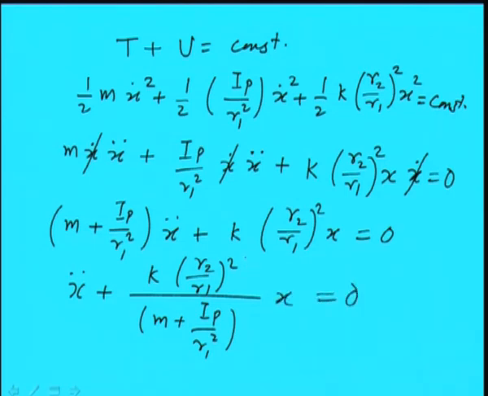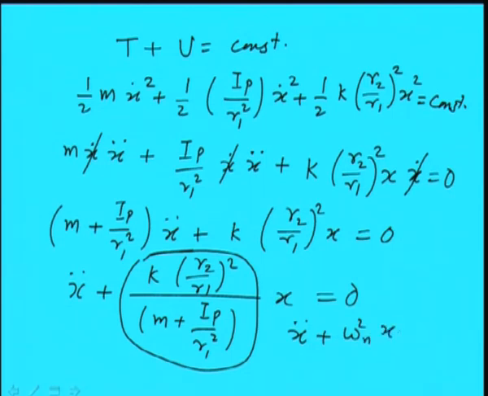So this is nothing but the square of the natural frequency of the system, because we have a standard equation like this, and this is the square of the natural frequency. Here you can see that in the denominator we are getting the effective mass, and in the numerator the effective stiffness, and this gives us the natural frequency of the system.